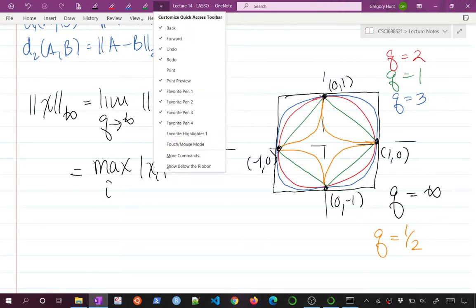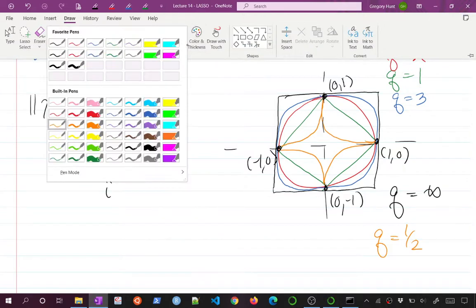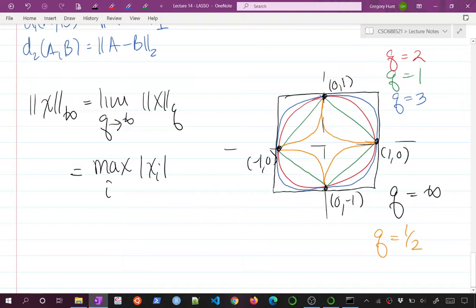If I look at, let's get one more color. What do we want? Pink. You could imagine in the limit, I'm basically just going to end up on my axes. So you could think of the x 0 norm, which is the limit as q goes to 0 of the x q norm.